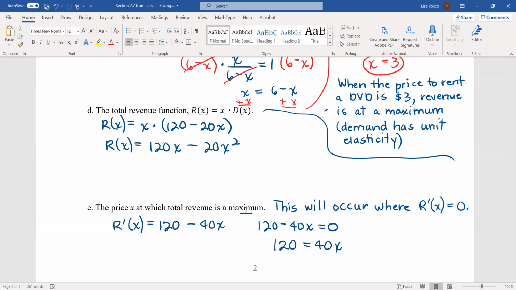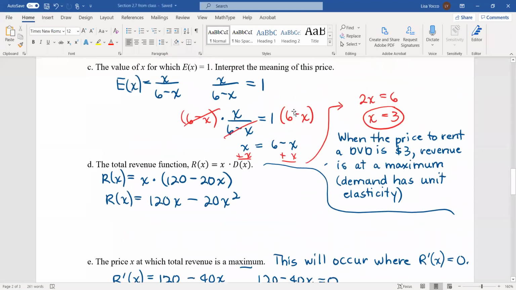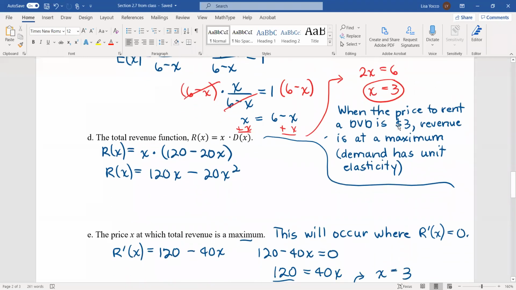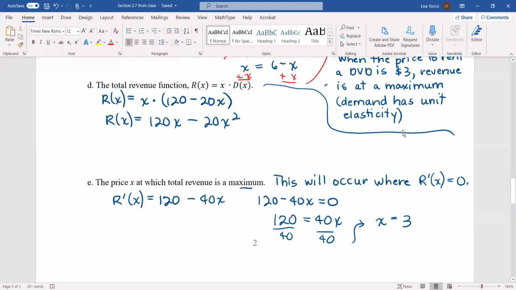Divide both sides by 40. Gives me x equals 3. So that coincides with what we got in part C. When the elasticity is 1, that's when the revenue has its maximum.